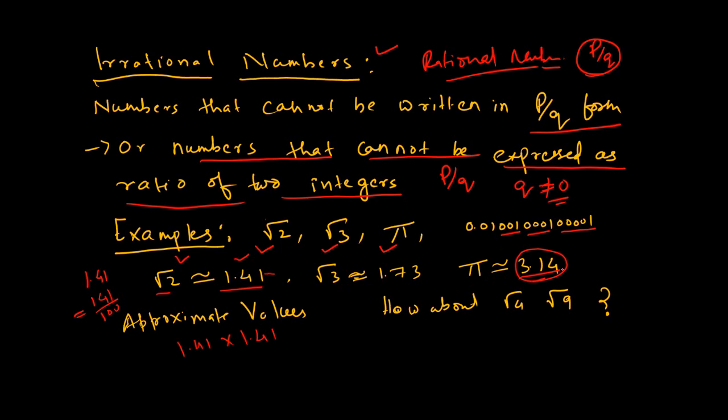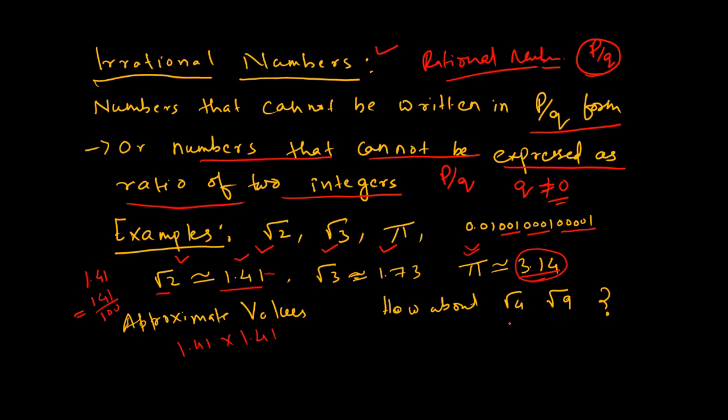If you have an exact value, you can express it in p by q form, but we do not know the exact value of pi, right? So we only approximate it as 3.14. Hence we will not be able to express these numbers in p by q form, or as the ratio of two integers. Hence we call these numbers irrational numbers.